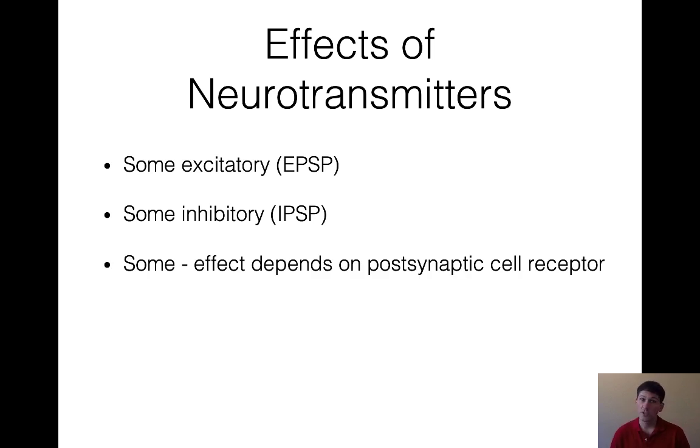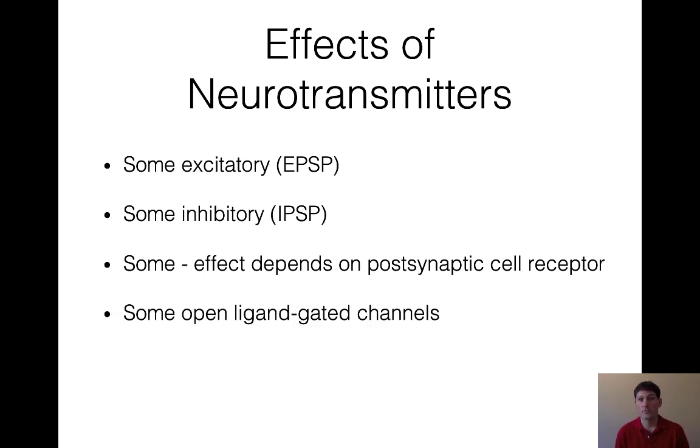Some of them just depends on the postsynaptic cell receptors, we'll see. So the same neurotransmitter can bind to different types of receptors, and those different types of receptors then open different channels for different ions.